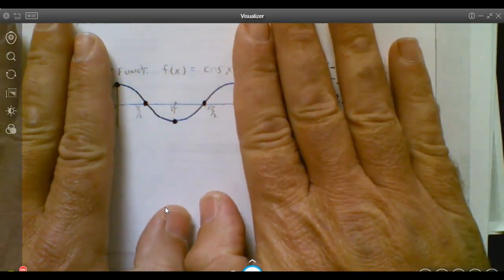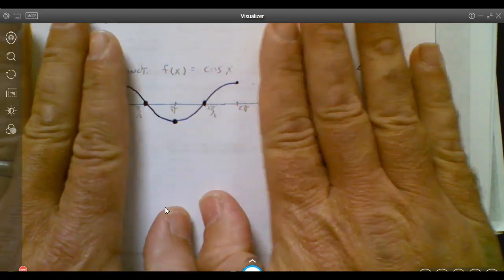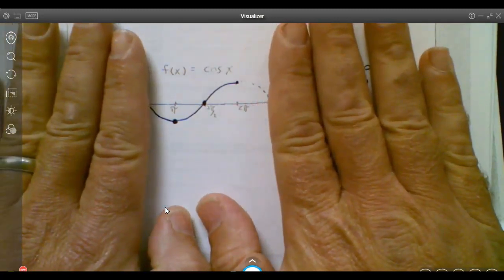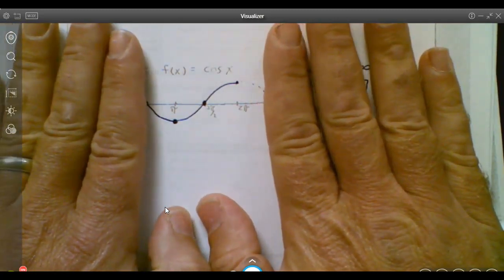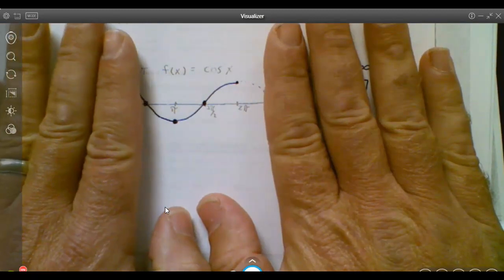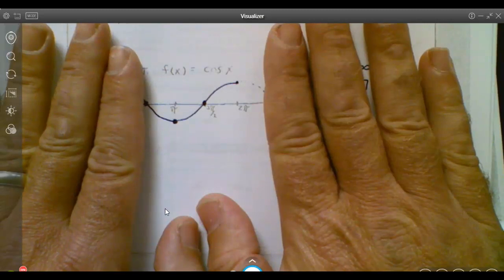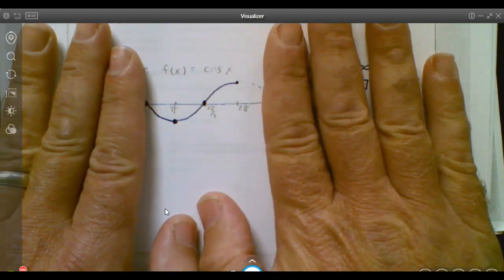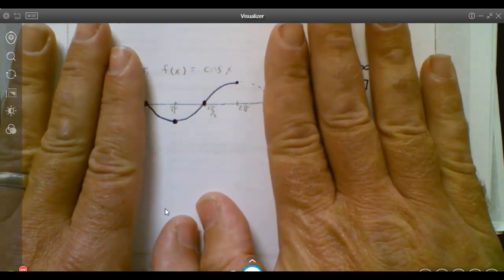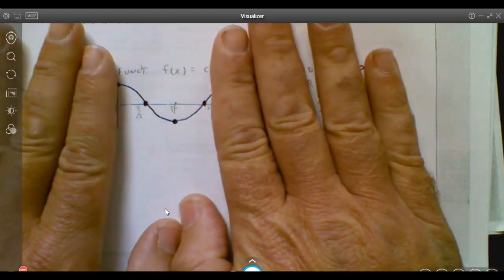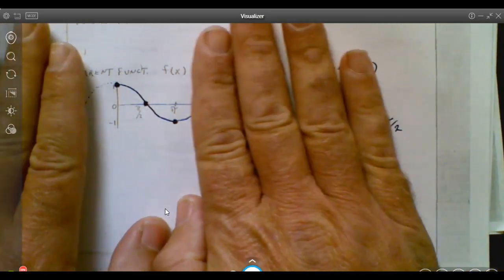If I just go to the right pi over 2 units to right there, notice we now have our sine function, right, where it starts at 0, 0. I know this one would start down and go up, but if I do go pi over 2 that way, I'm seeing more of the sine function because it starts at 0, 0.